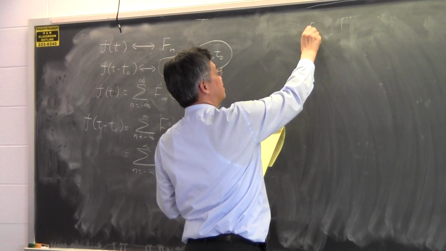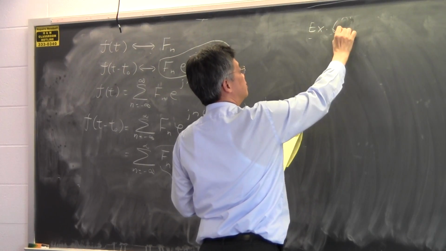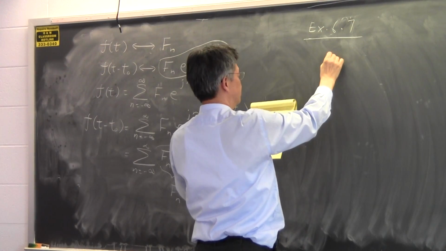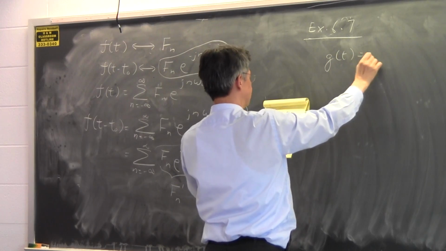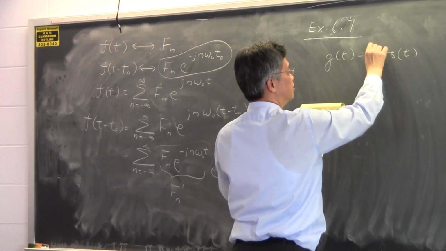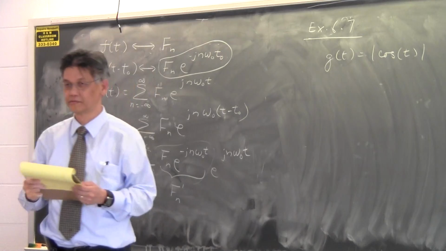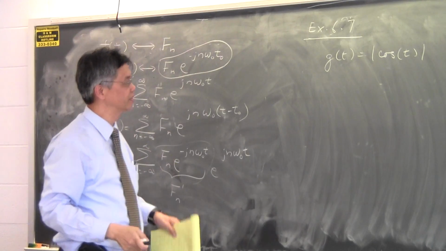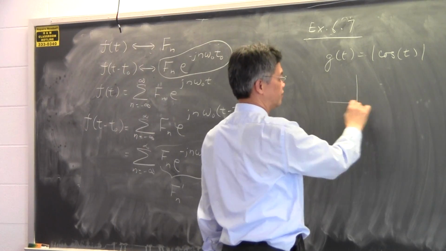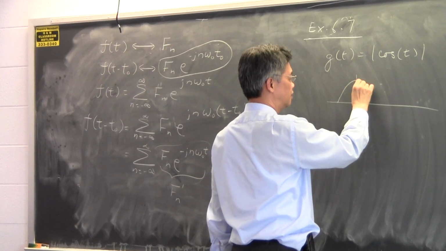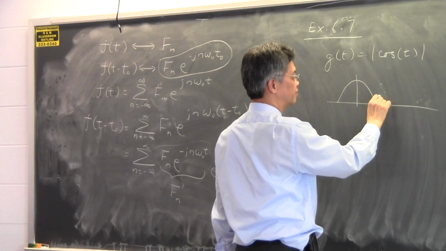Example 6.7. Find the Fourier series expansion of this function. Okay. Find the Fourier series expansion of this function. And again, if you look at this function, it will look something like this.